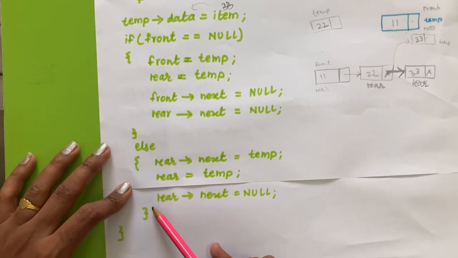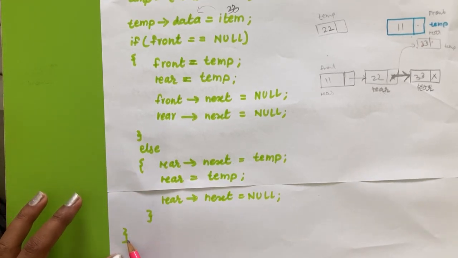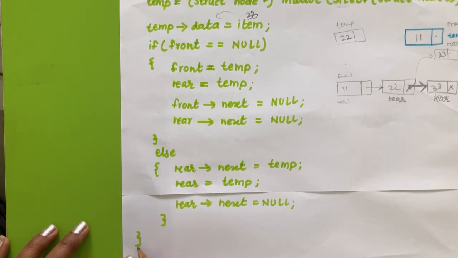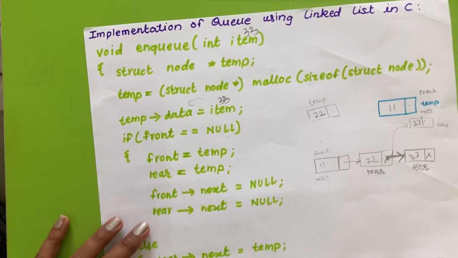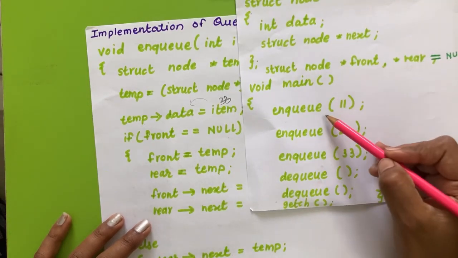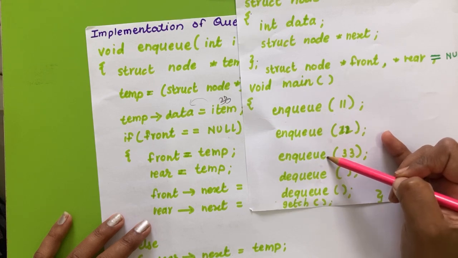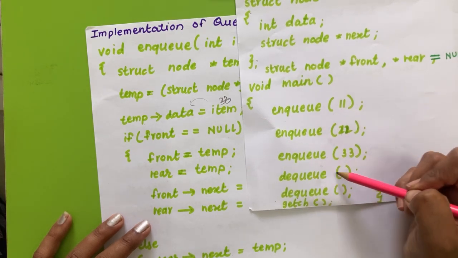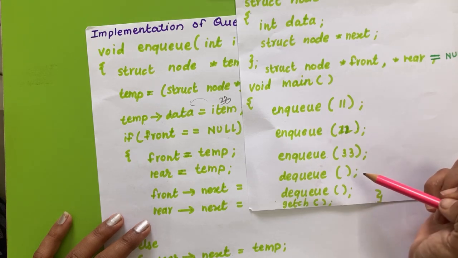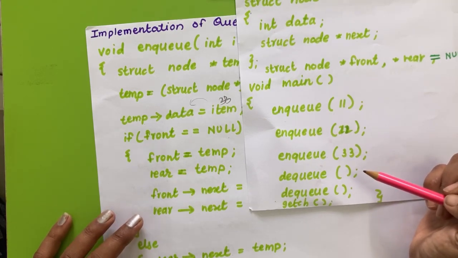Here the else part of the enqueue function is completed, as well as the enqueue function is also completed. So it will return back to the main function. Here we are done with all enqueue operation calls. The next call is for the dequeue operation, that will be continued in the upcoming video for the dequeue function.